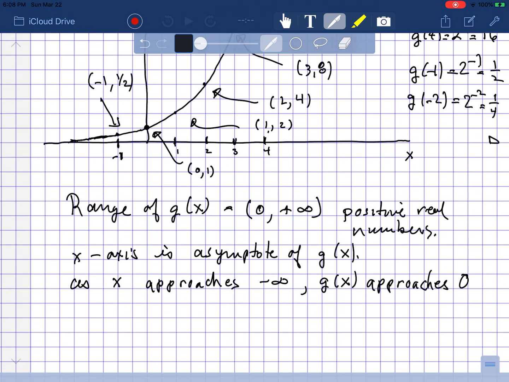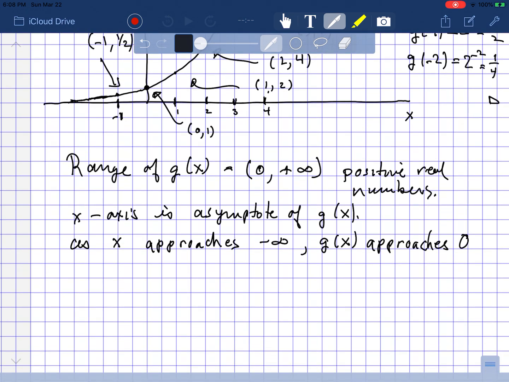Another way of writing that, you might have seen this before when you studied rational functions, is that the limit as x goes to minus infinity of g of x is equal to 0. Sometimes you might see this written as the limit as x goes to minus infinity of 2 to the x power is equal to 0.